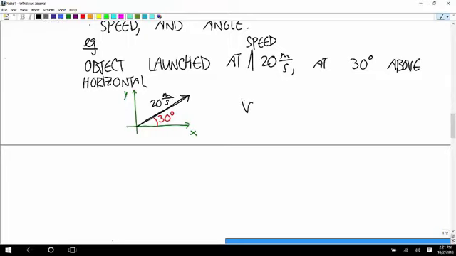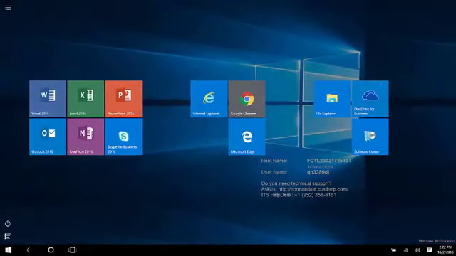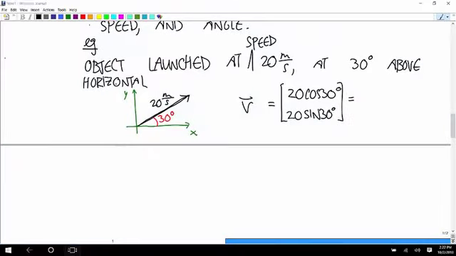And so the velocity vector at that instant would be 20 times cosine of 30 degrees, 20 times the sine of 30 degrees. And that would be 17.3210 meters per second.